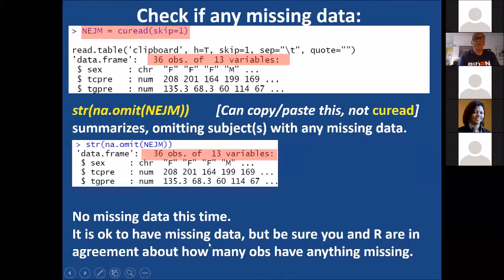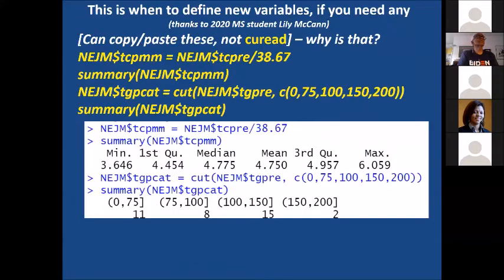Okay. Now, again, it's okay to have missing data, but be sure you are in agreement about how many observations have anything missing. So if you know, all right, I have about 50 subjects with something or other missing, then that should be reflected in this.